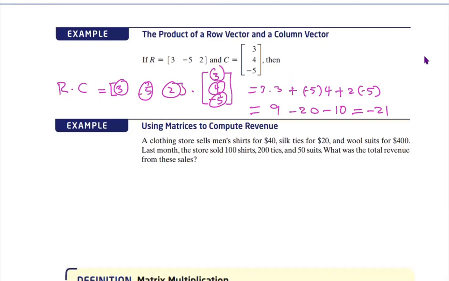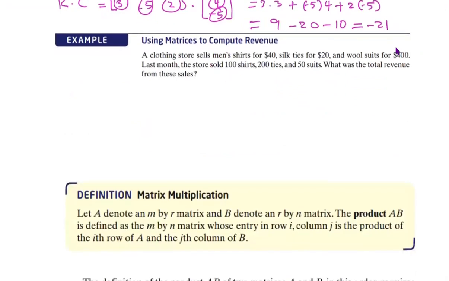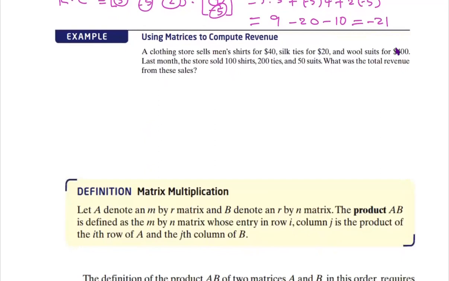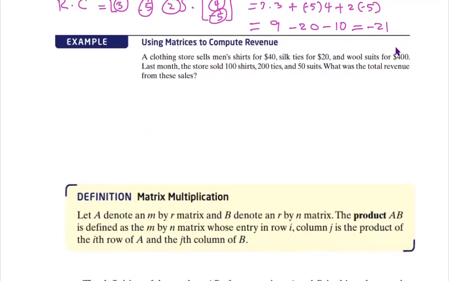So next example. In this example, what are we being asked to do? They said using matrices to compute revenue. A clothing store sells men's shirts for $40, silk ties for $20 and wool suits for $400.